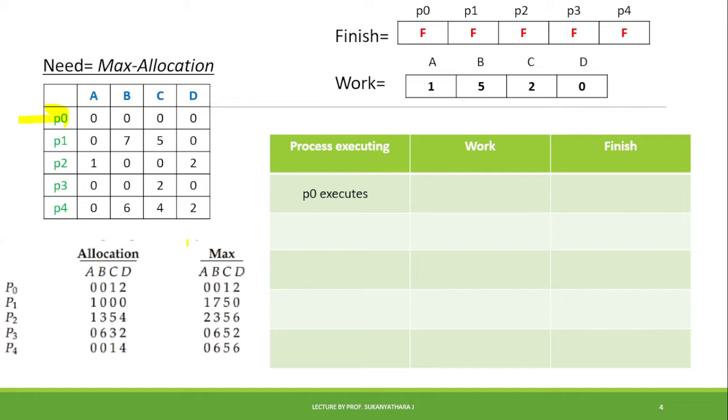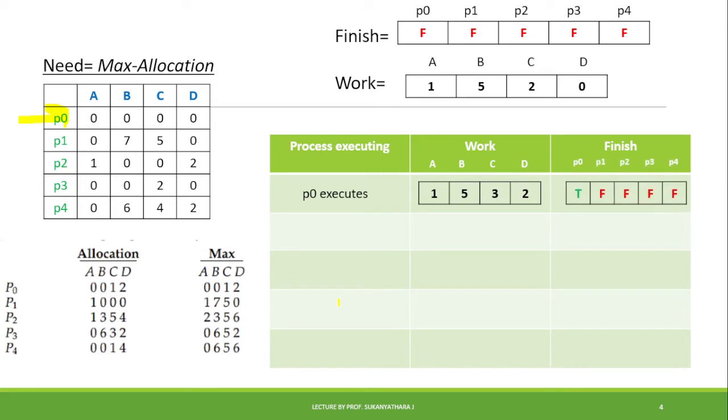So we have to now add the free resources to the resources released by P0, isn't it? So the value of work becomes work plus allocation of P0. Allocation of P0 was the number of resource types allocated to P0.